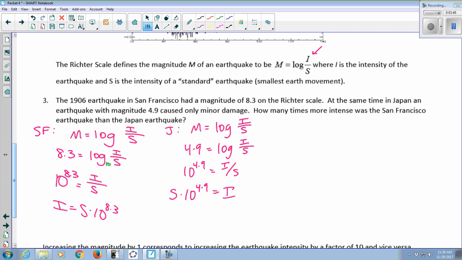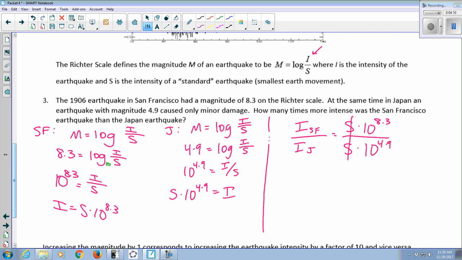So the intensity of the San Francisco earthquake was larger than the intensity of the Japan earthquake. How many times more intense? Well, I'll divide them to find out, right? So I'm going to do the intensity for San Francisco divided by the intensity for Japan. So this is S times 10 to the 8.3 over S times 10 to the 4.9.